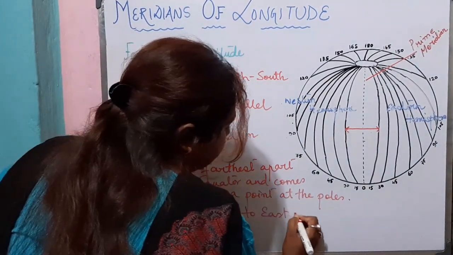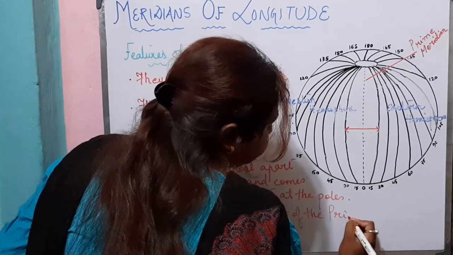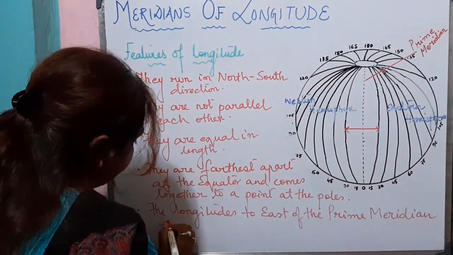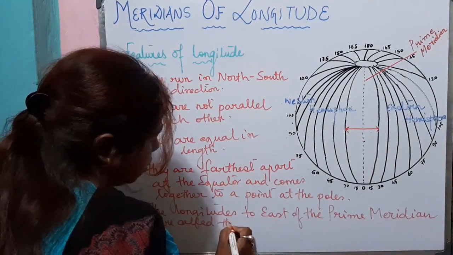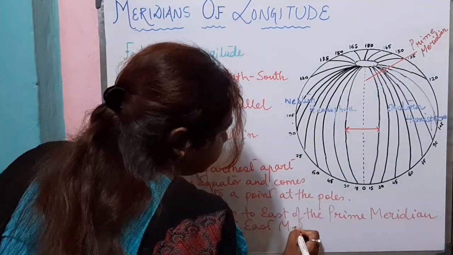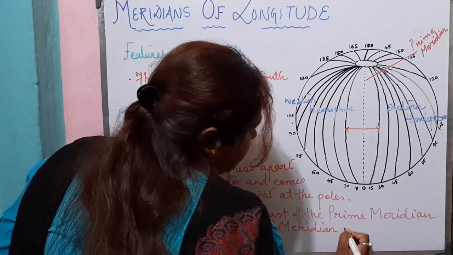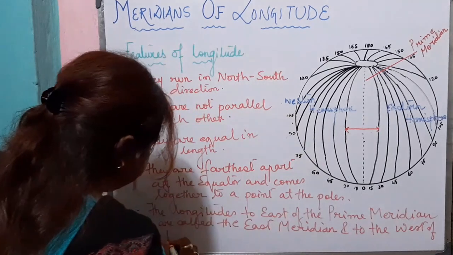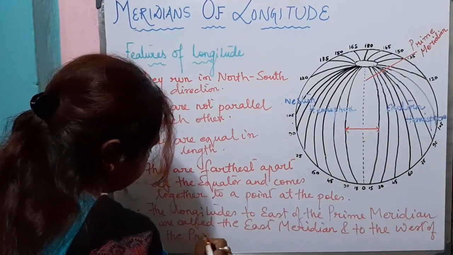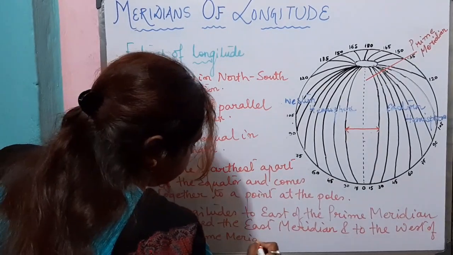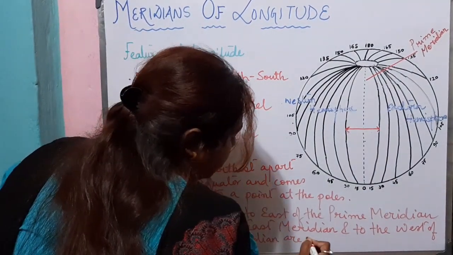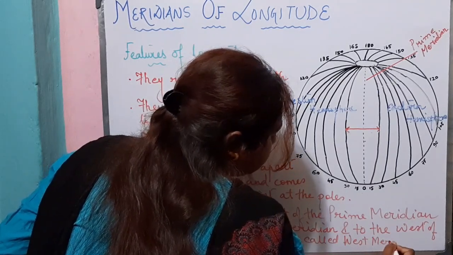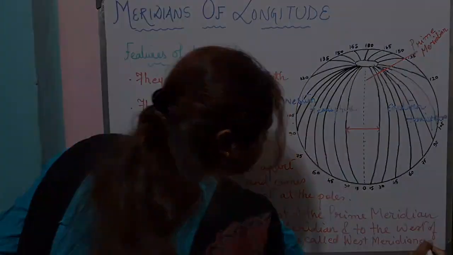We have already learned that the longitudes to the east of the prime meridian are called the east meridians, and to the west of the prime meridian are called west meridians.